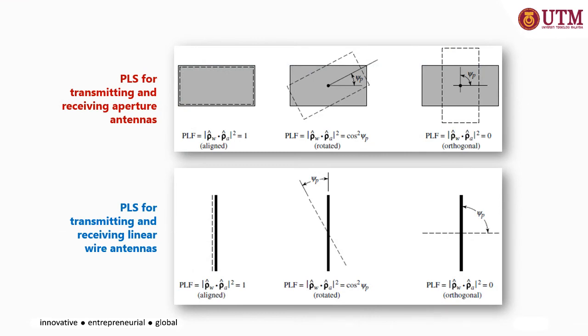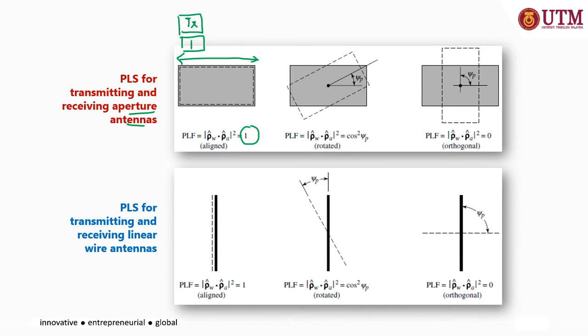Okay, these slides illustrate the polarization loss factor for different types of antennas. For example, for an aperture antenna, PLF equals 1 when the transmitter and the receiver are aligned, having the same polarization.